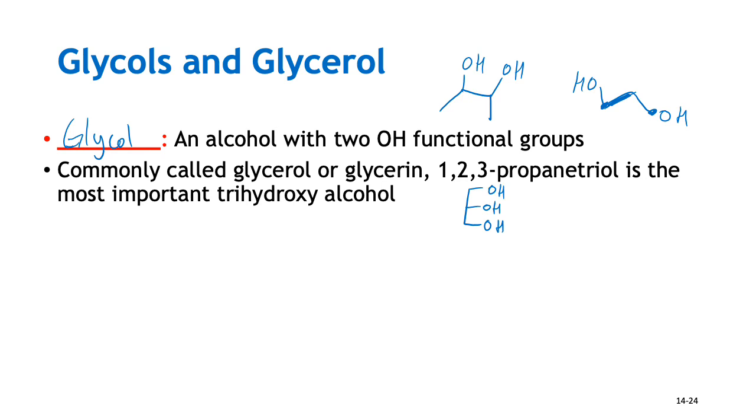It's the most important trihydroxy alcohol. Keep in mind that these groups, though that's an alcohol functional group, that particular substituent is called a hydroxyl group or hydroxy group. Just like methane is CH4, but when CH3 is attached to a longer chain, it's called a methyl group. That's similar to what's going on here. OH is called a hydroxyl group when it's listed as part of the longest chain.